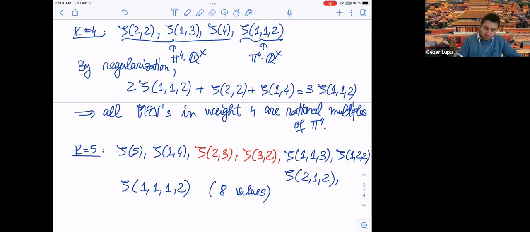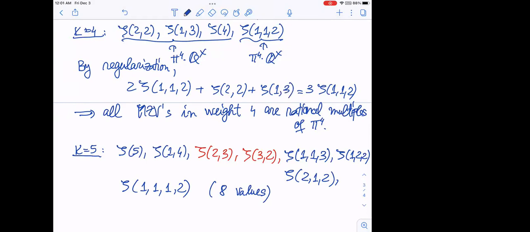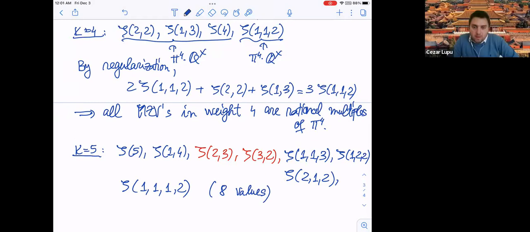Sorry. Oh, yeah, right. 1 3. Okay. And in weight 5, it seems that zeta of 4 1 is missing. And the zeta of 1 1 1 1 1 is also missing.